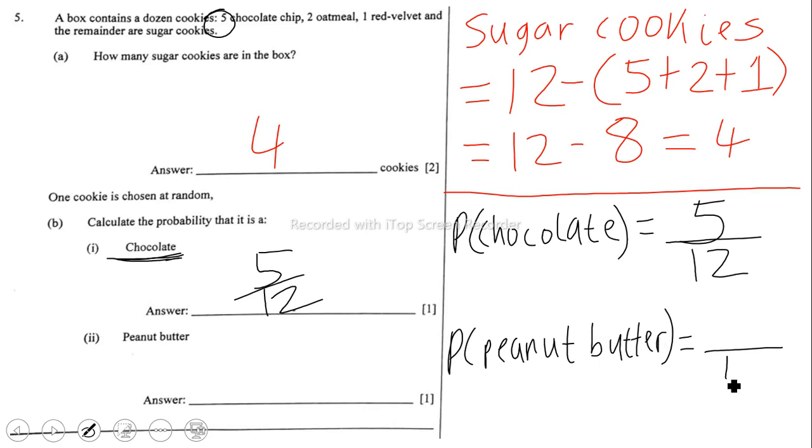So 12 is the number of cookies in total, and 0 is the number of peanut butter cookies, because we don't have any. What is 0 over 12? 0 as a decimal? 0. Not 0.00%, just 0. So the answer is 0.